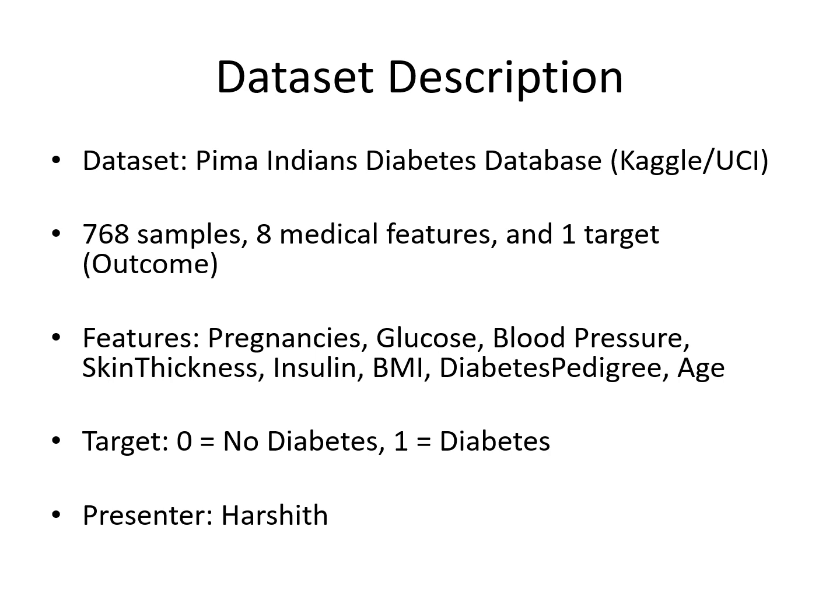Dataset description. For this project, we use the Pima Indians Diabetes Dataset, which is publicly available on Kaggle and the UCI machine learning repositories. The dataset includes diagnostic information for female patients of Pima Indian heritage with features such as the number of pregnancies, glucose level, blood pressure, skin thickness, insulin level, BMI, diabetes pedigree function, and age.